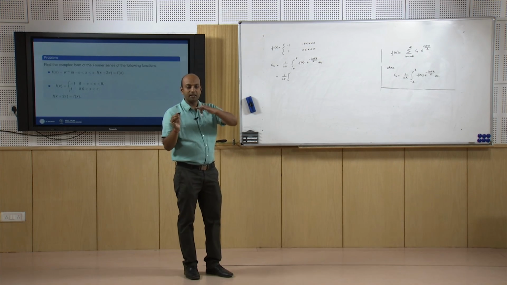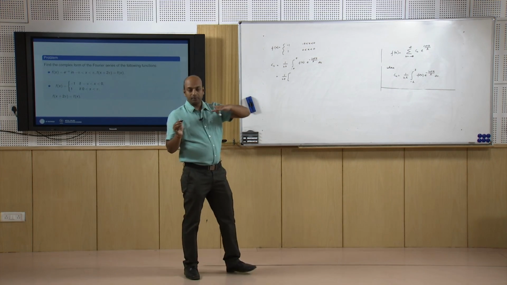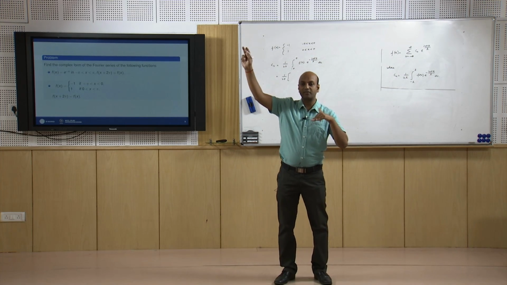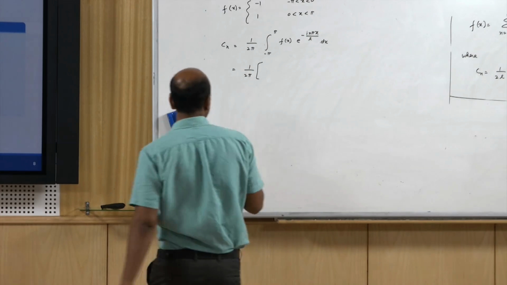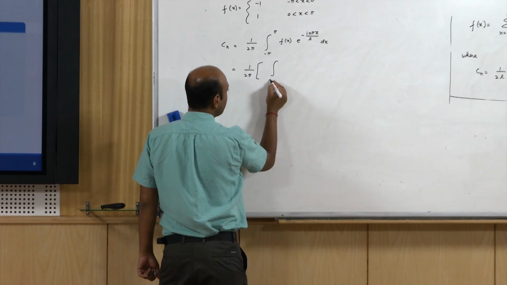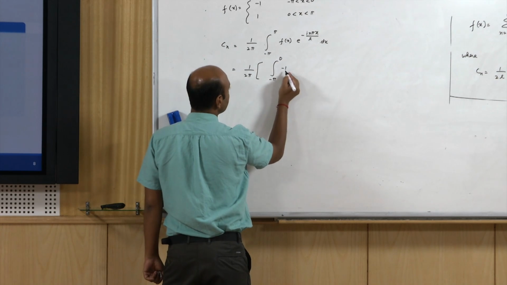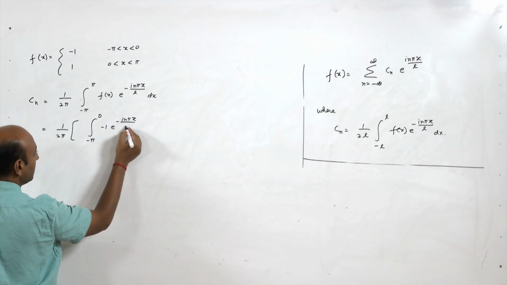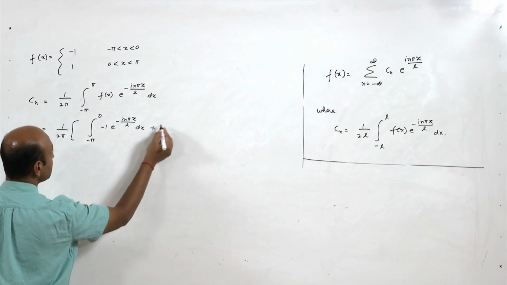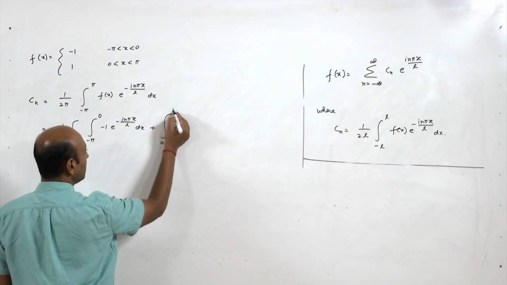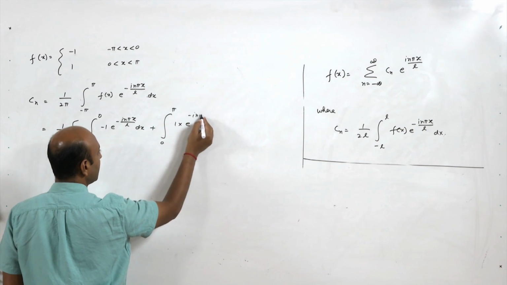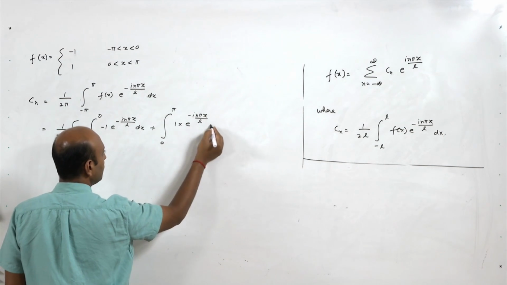One branch is on the negative side of the x axis, one branch is on the positive side of the x axis. So, this is the integral from minus pi to 0 of minus 1 e to the power minus iota n pi x upon L dx, plus the integral from 0 to pi of 1 into e to the power minus iota n pi x upon L into dx.